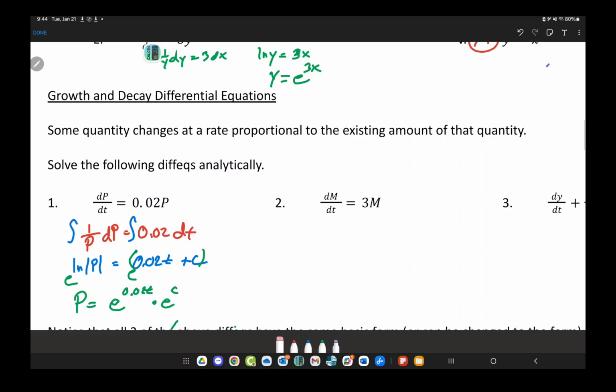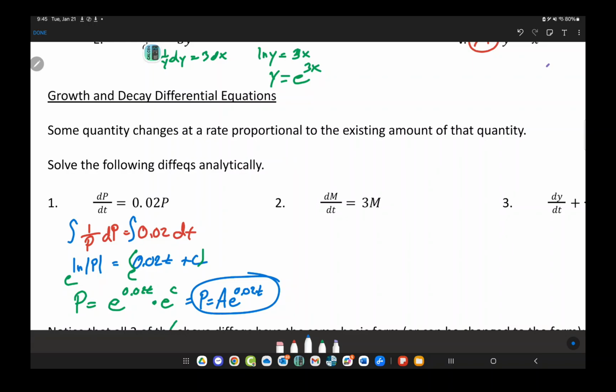What do we always write our initial value as? A. So we could write this as P is equal to A e to the 0.02 t. e to the C is a constant, and e to the constant is still constant.